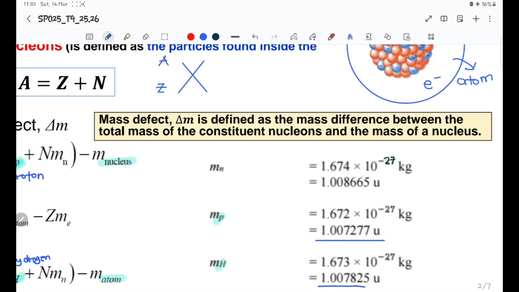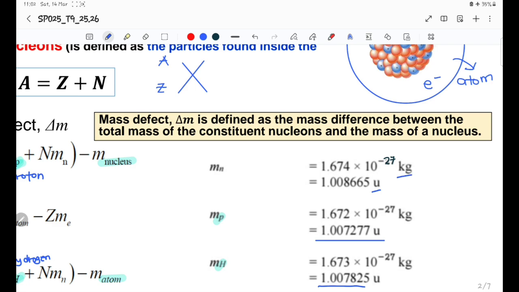Okay, so take note also, in the constant values, you are provided with 2 different units of the mass, which are kilogram or atomic mass unit U. Okay, so depending on the question, if the question gives you kilogram or atomic mass unit, then you will substitute according to the question.